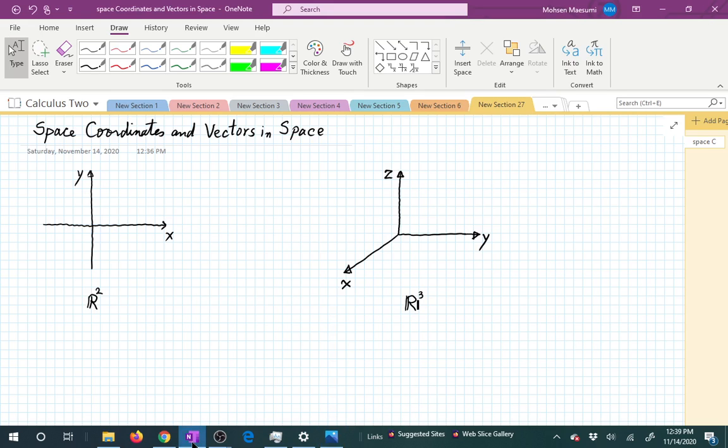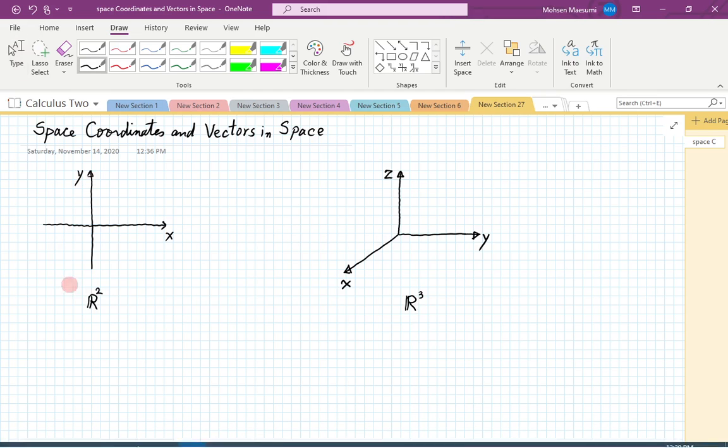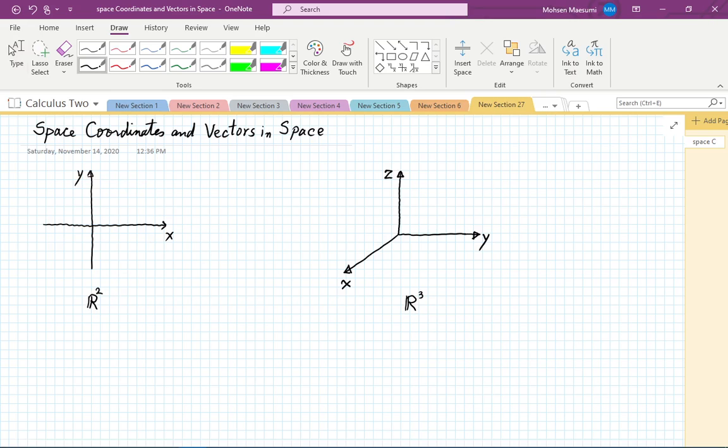So everything you have done since the beginning of your mathematical preparation in elementary school was in a two-dimensional setting. So you had the x and y coordinates there. Now we are preparing ourselves for a three-dimensional world. So we are going to have x, y, and z coordinates.